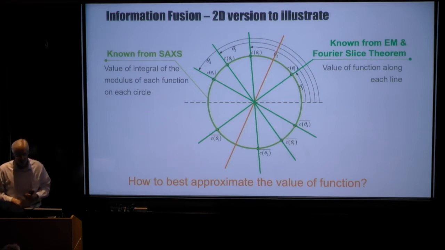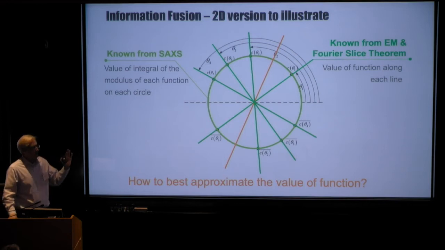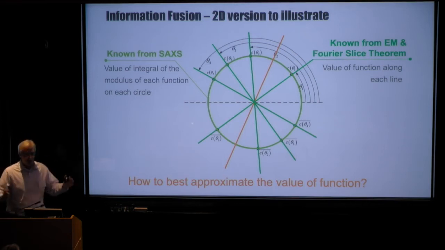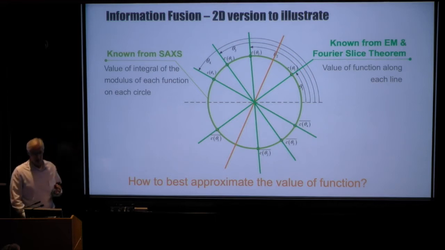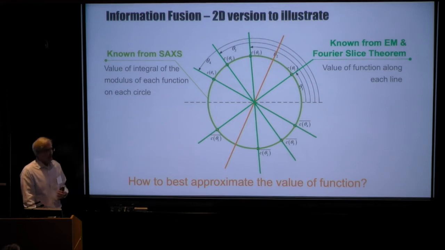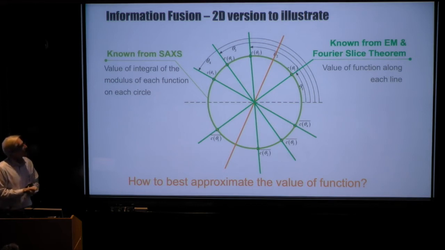Then we'll get to the 3D case shortly. But I should say from here on, I'm not going to use any real biomolecular structures. I'm going to do toy models, and I welcome anyone who'd like to work together on using this on real experimental data, both EM and SAXS, and I'm happy to see you have a synchrotron, and so you can do both.